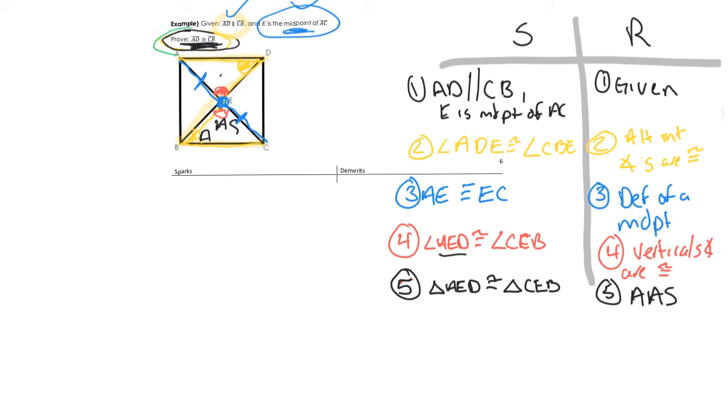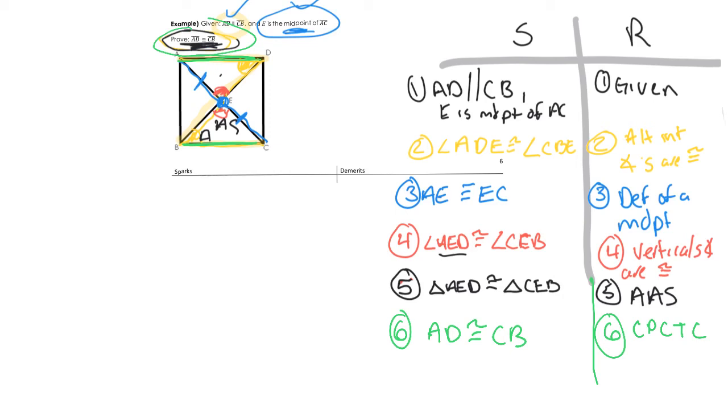Well, if the triangles are equal, these 2 sides have to be equal. So AD has got to be equal to BC. So step 6, oh, if the triangles are equal, then I know AD is congruent to CB. And my reason is corresponding parts of congruent triangles are congruent. So once the triangles are equal, the matching parts are equal.